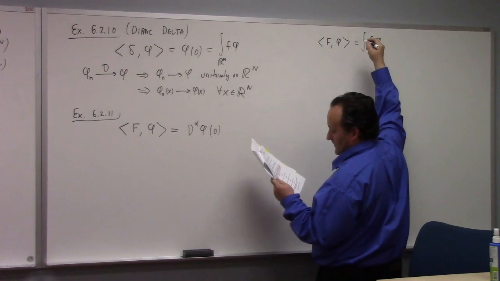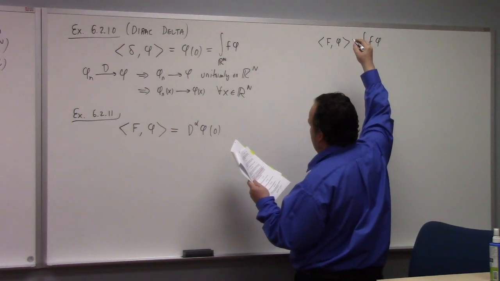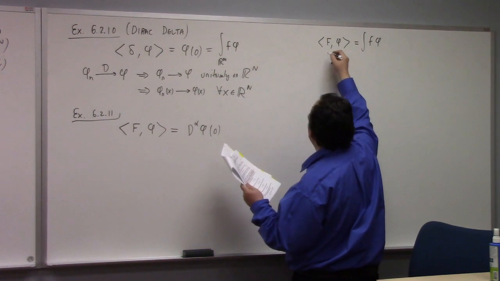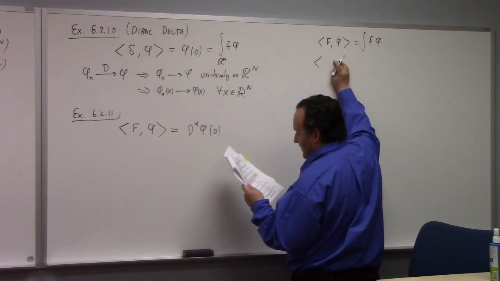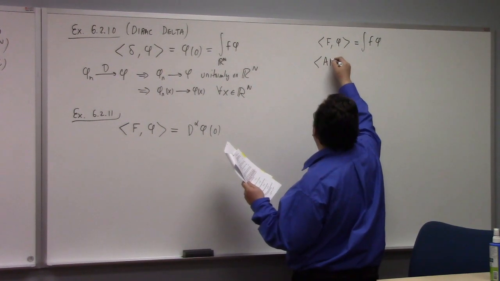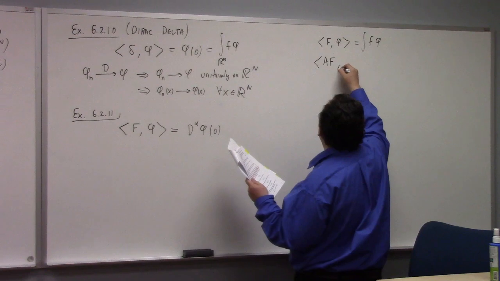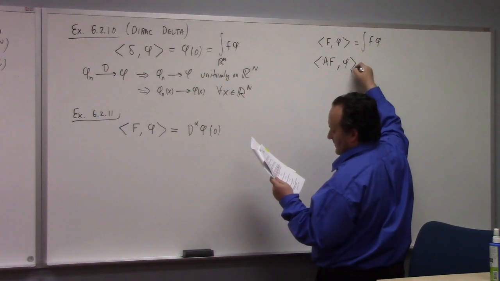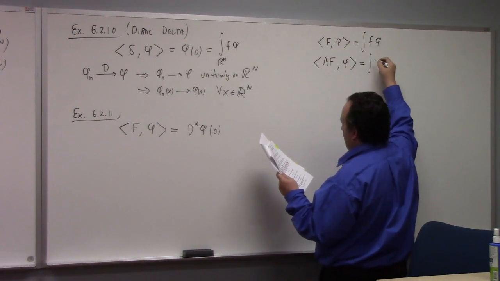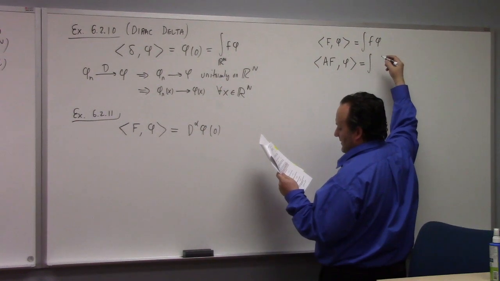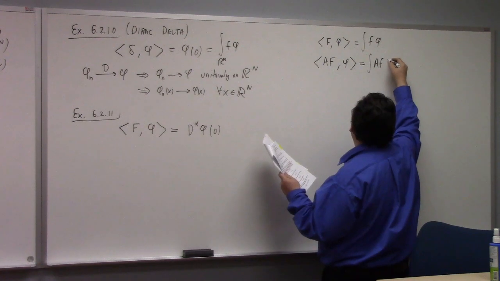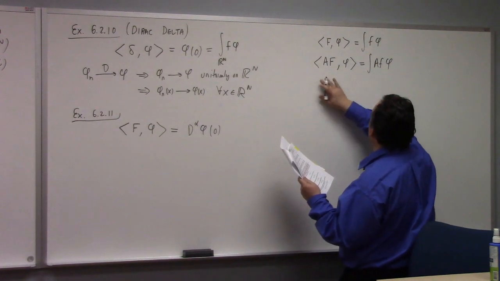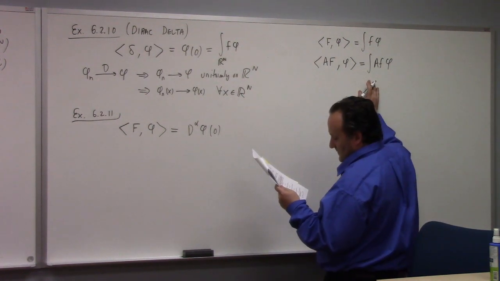And if we have an operator A, we're looking for some operation on distributions. So A f acting on phi, we expect A to be something that generalizes from functions to distributions. So you would expect the generalization to work in this sense.